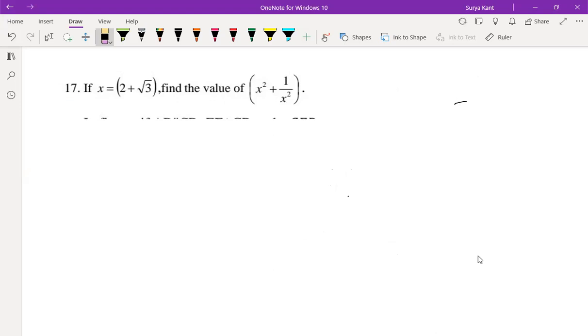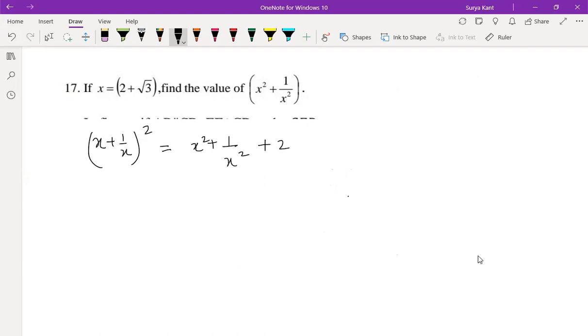Sir, the method is: we can use the property a square plus b square. Actually, x plus 1 by x whole square. We can do LCM for x square plus 1 by x square, sir. Can we do the a square plus b square formula?